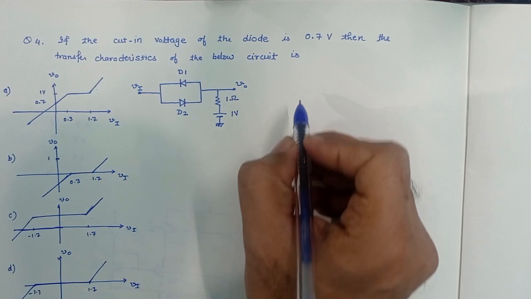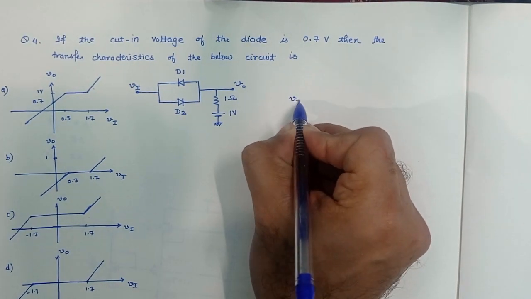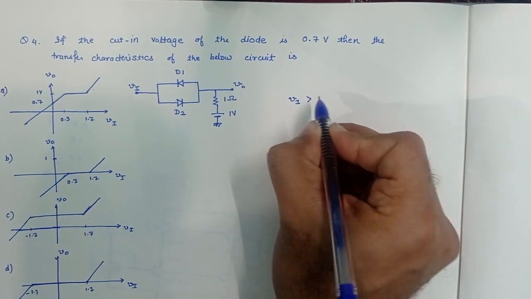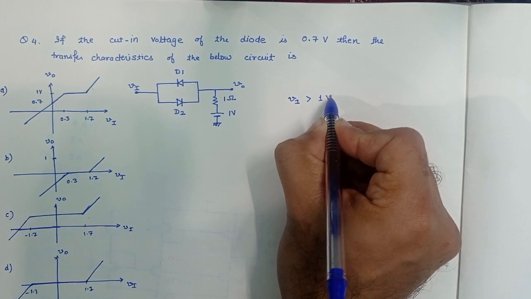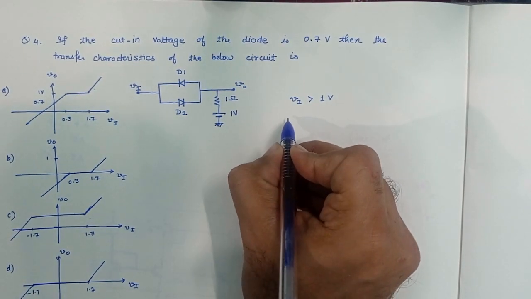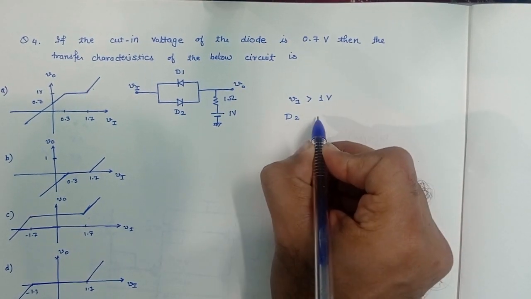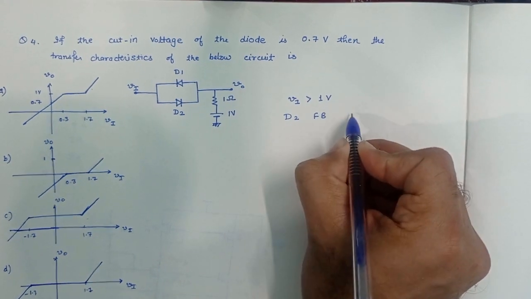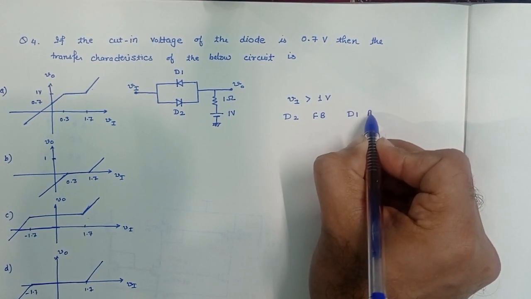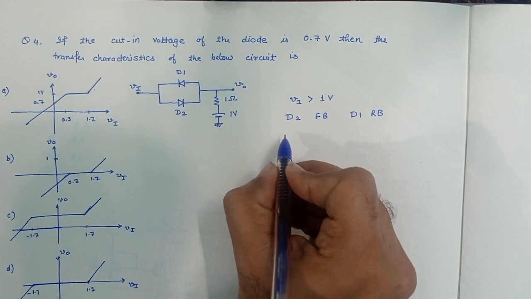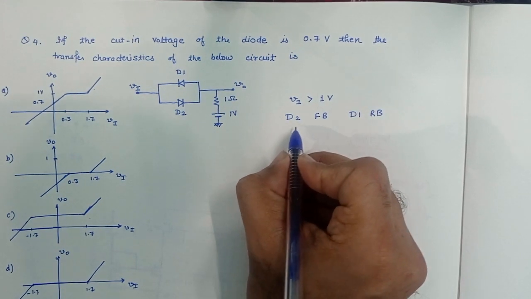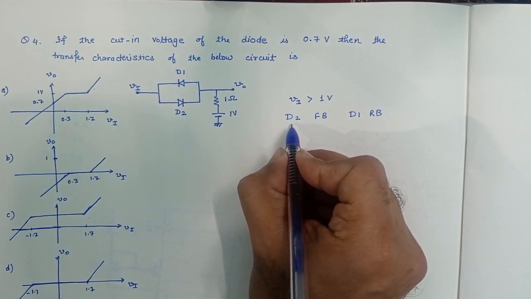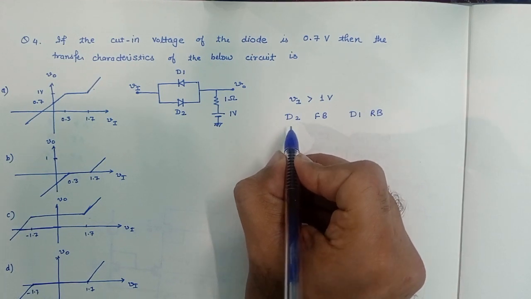If I apply Vi greater than 1 volt, then diode D2 will be forward biased, D1 will be reverse biased, but the diode D2 will not be conducting because the cut-in voltage of the diode is 0.7 volt.